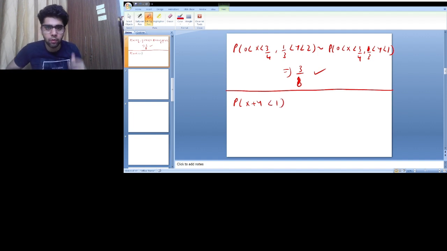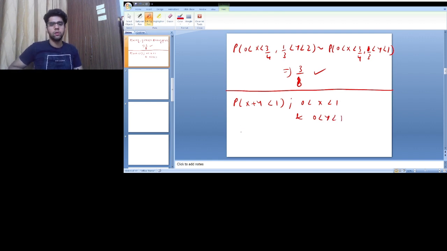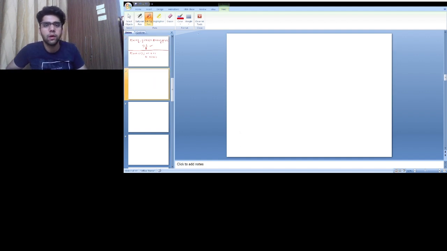So for finding the probability of x plus y less than 1, we know our x lies between 0 and 1, and our y lies between 0 and 1. So let me just move on to the next page. What I'll be doing is drawing a diagram. So this is y and this is x, right? So x plus y.